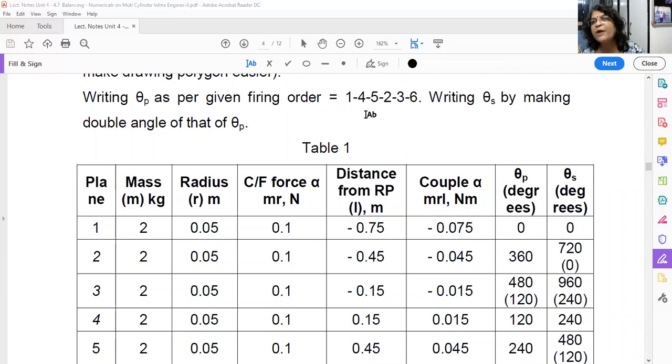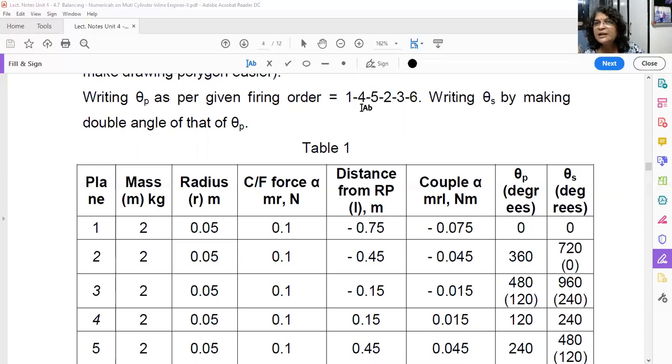This sequence you have to follow to write down the angle between each two cranks. So first is cylinder number 1 plane. We have to assume it is 0, some reference we have to take. So always for the first cylinder, we assume 0 degree angle. It may be along the positive x-axis, it may be along the positive y-axis. Anything you can assume. So this is 0 degree.